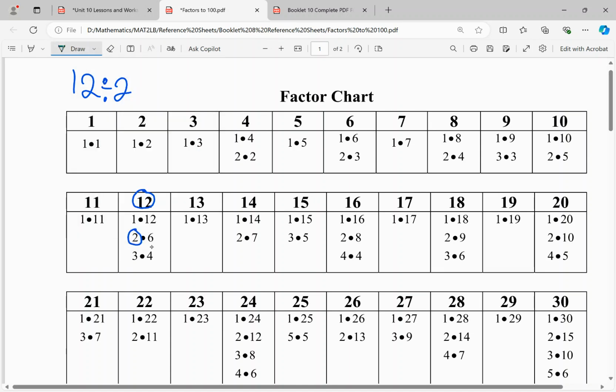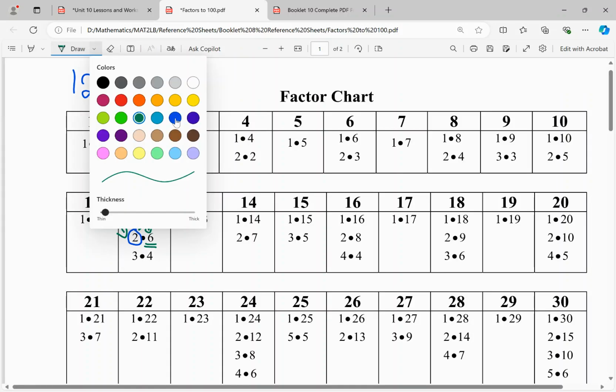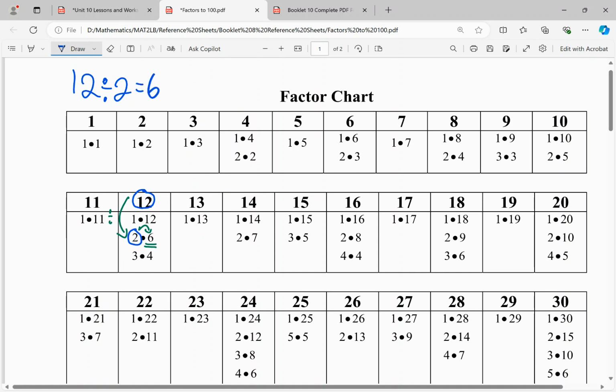And your answer is going to be the pair of 2. So 12 divided by 2 is going to equal 6. You can use the factor chart, find the 12, look underneath it for the 2, and the pair of the 2 is your answer.